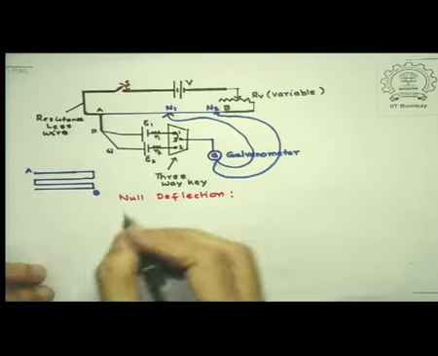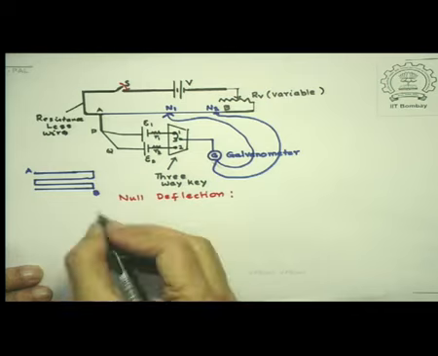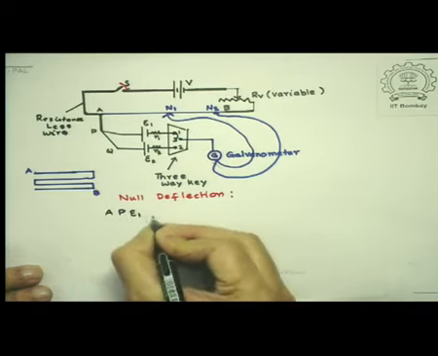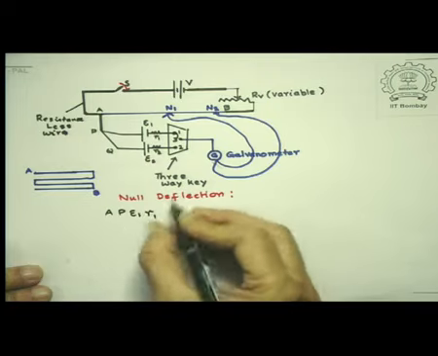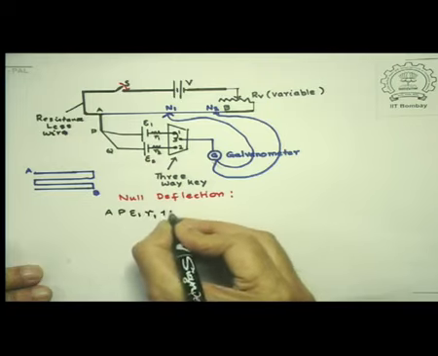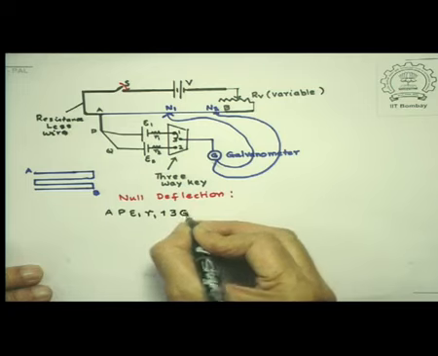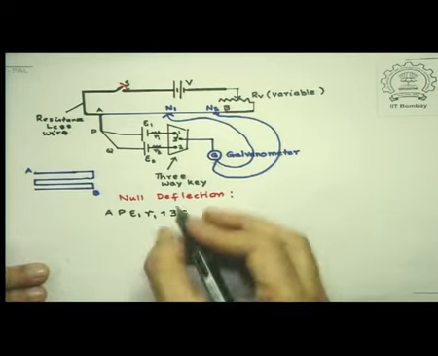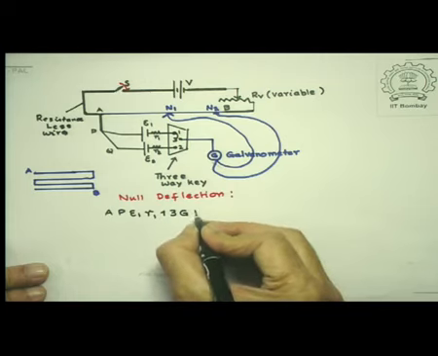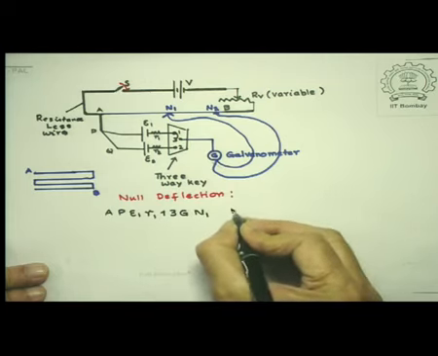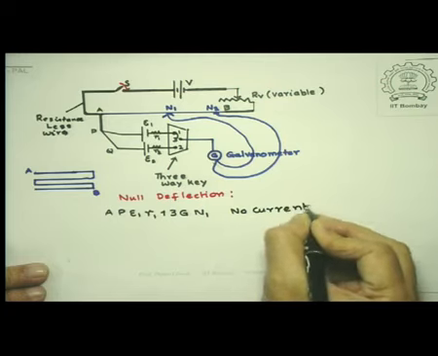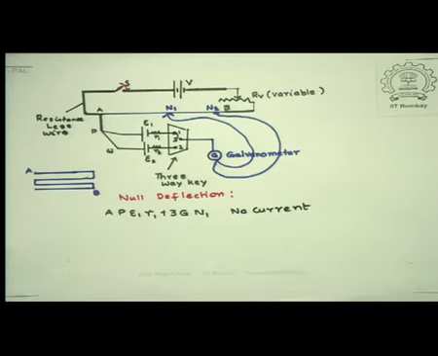we immediately see that in this situation, A, P, E1, R1, which is the internal resistance, the point 1, the point 3, G, which is the galvanometer, and let us say the null deflection is obtained at the point N1, this section has no current because there is no deflection in the galvanometer.